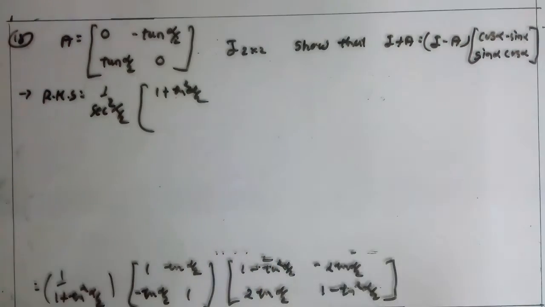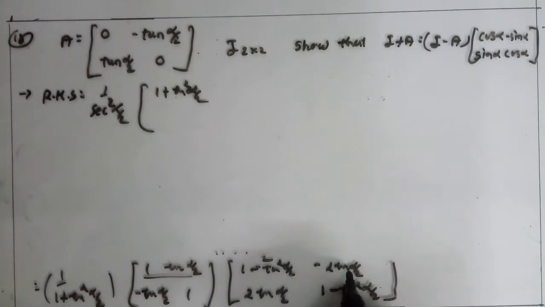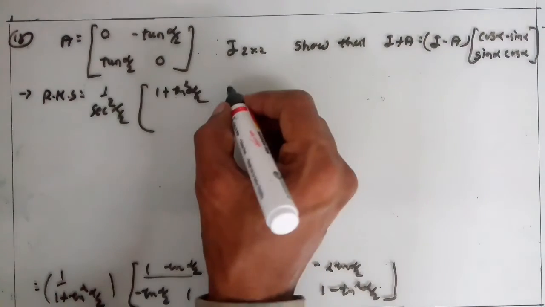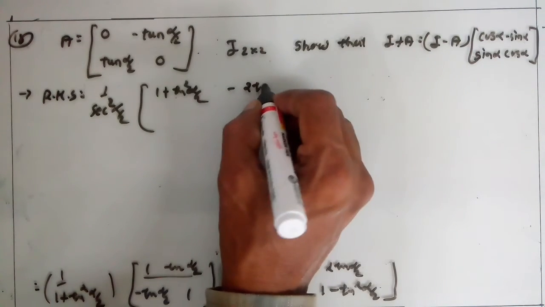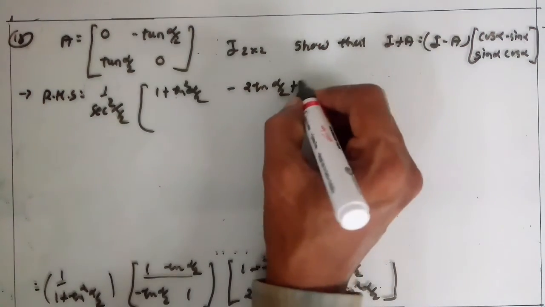Clear this? Now first row second column, 1 into minus 2 tan alpha by 2 becomes minus 2 tan alpha by 2. Tan alpha by 2 into this term, 1 into this, that is a plus tan alpha by 2.